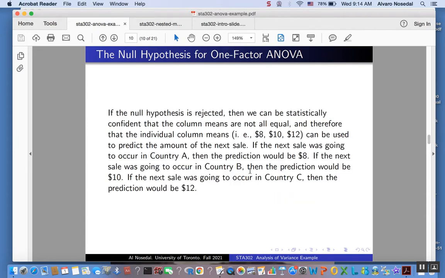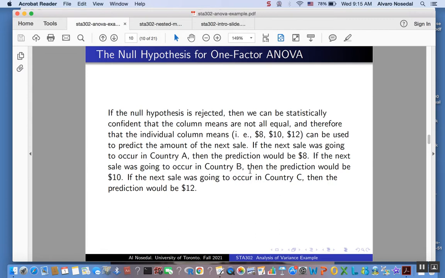So let's talk again about the consequences of rejecting the null hypothesis. If the null hypothesis is rejected, then as far as predictions go, we know that under the null hypothesis all of them are the same.